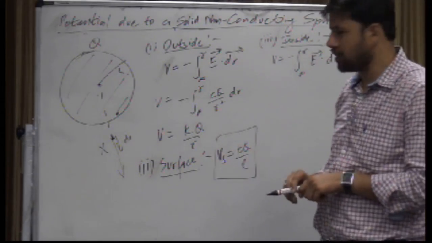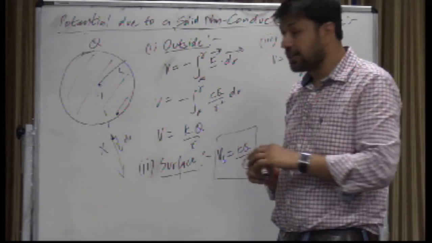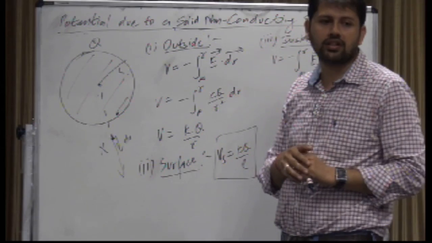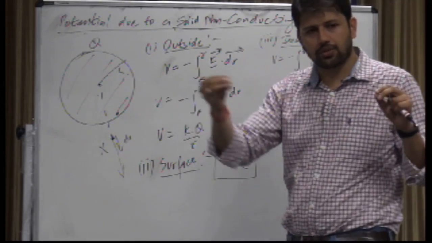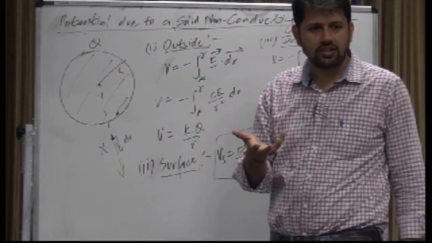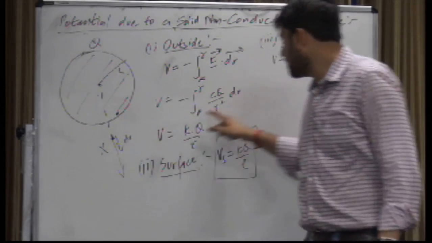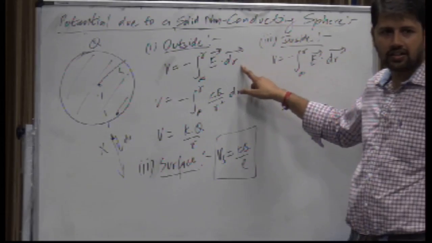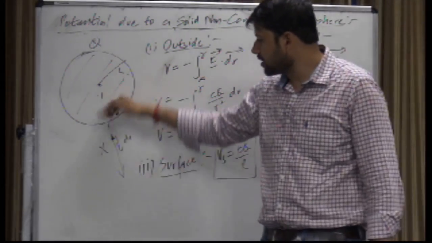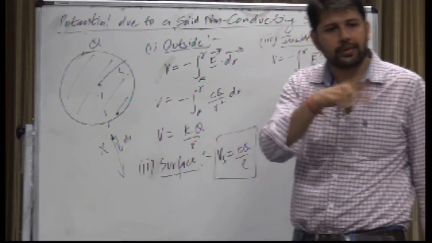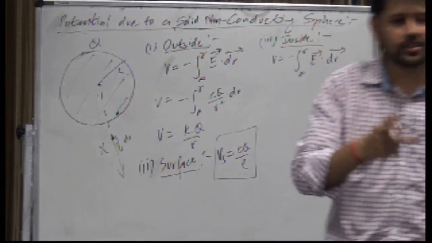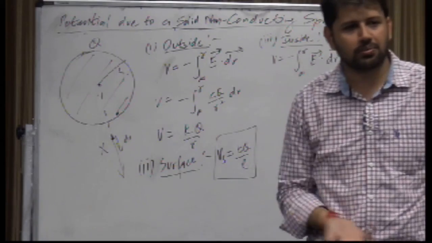I just told you that when you are moving closer, dr is negative. dr is the change in the position vector, and as you come closer, the position vector decreases. So dr would be negative. I would be taking minus dr here. Plus, if you are moving closer, the electric field is opposite, so I would be taking cos 180 degrees. I would be taking negative signs twice, it would still give me the same thing.